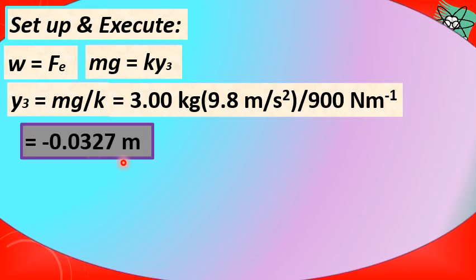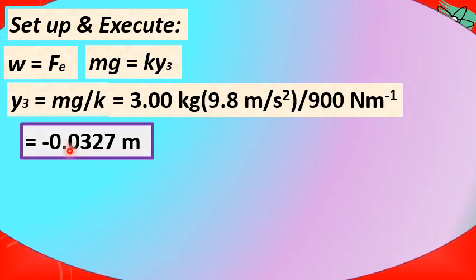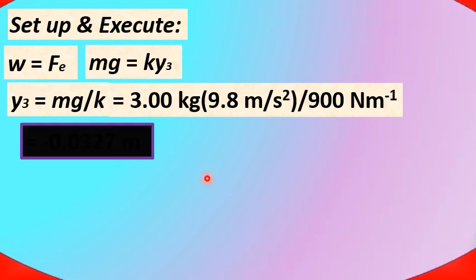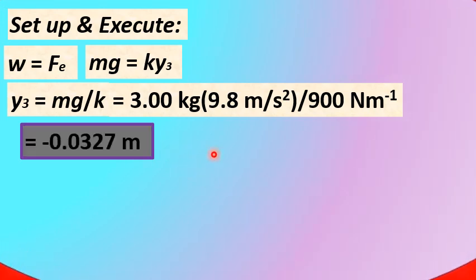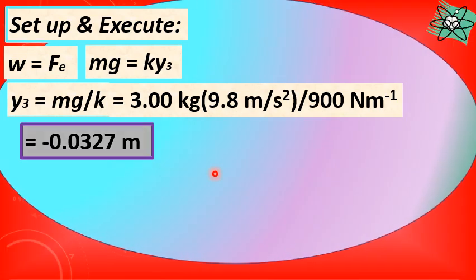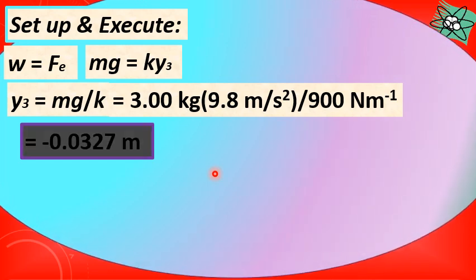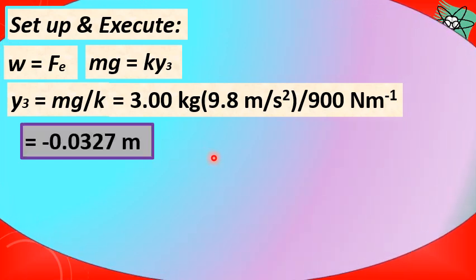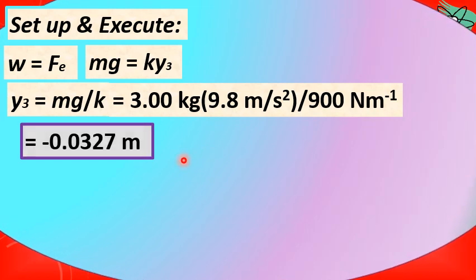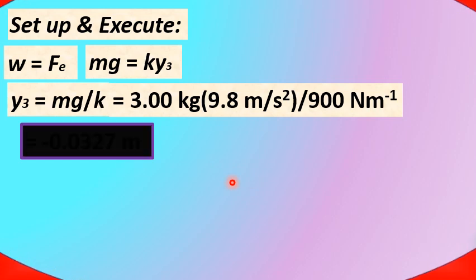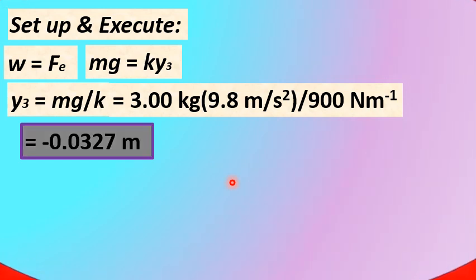So, this means that y sub 3 is a point within the path of the motion of the fish that is closer to the initial position. Which means that the fish already acquires its maximum speed even before reaching position 2.